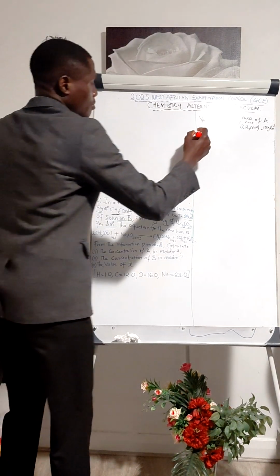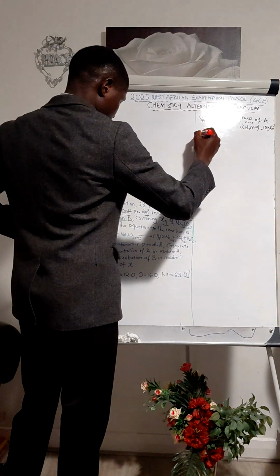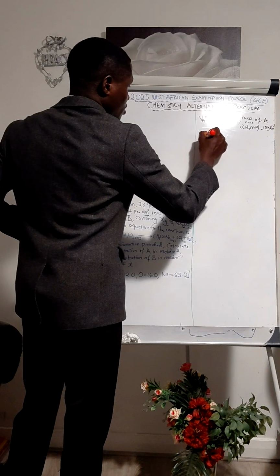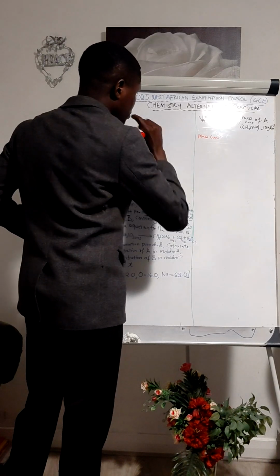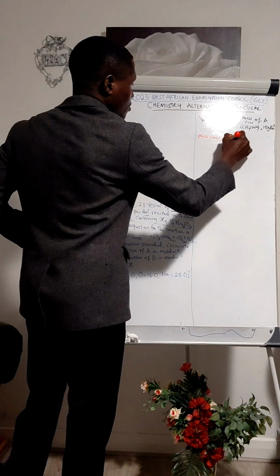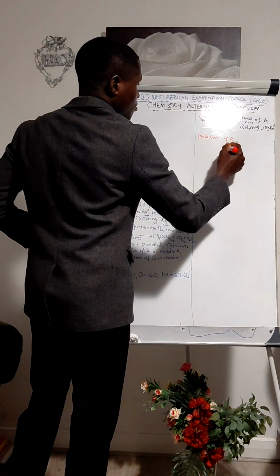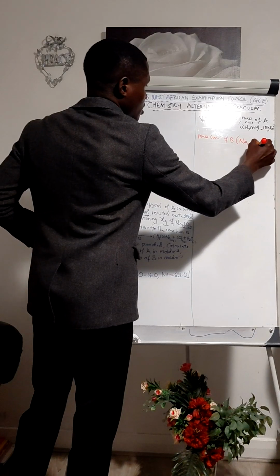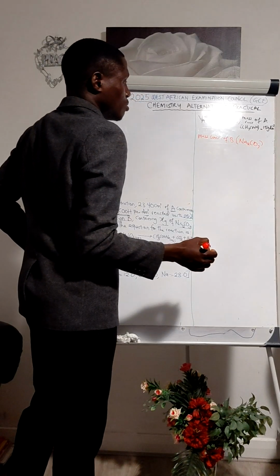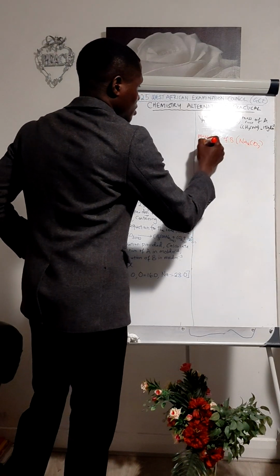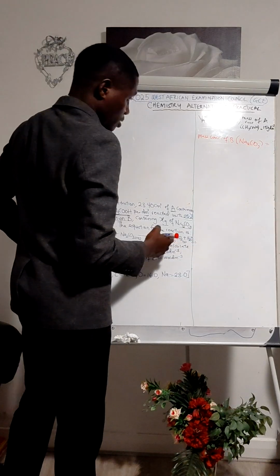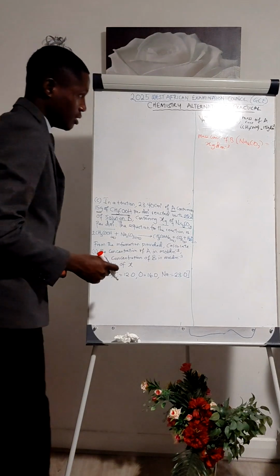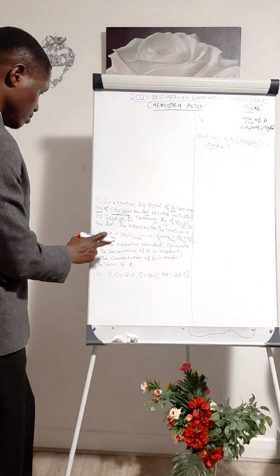So the mass concentration of B, which has sodium trioxocarbonate IV dissolved in solution, is equal to X gram per dm cube. That's what it said.